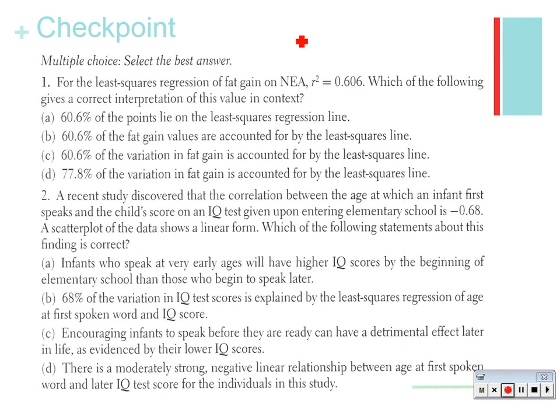So, checkpoint questions here. Why don't you take a moment and see what you can do with these two questions on your own. With number one, you have for the least squares regression of fat gain on non-exercise activity, the r squared value is 0.606, and it asks which of the following gives a correct interpretation of this value in context.